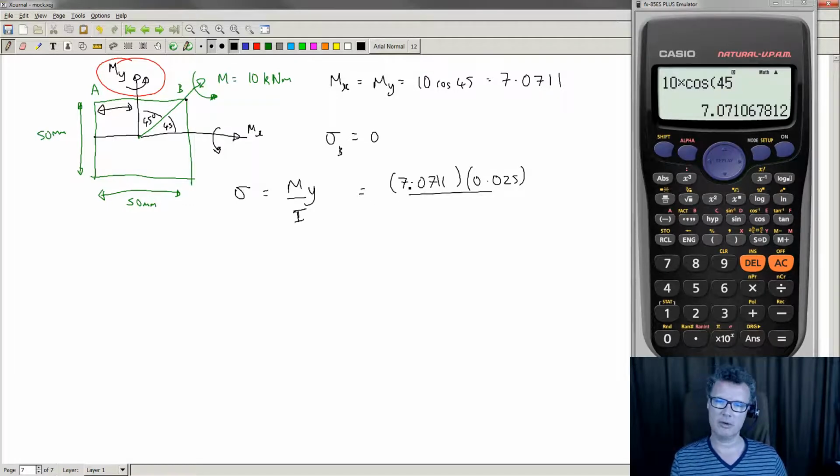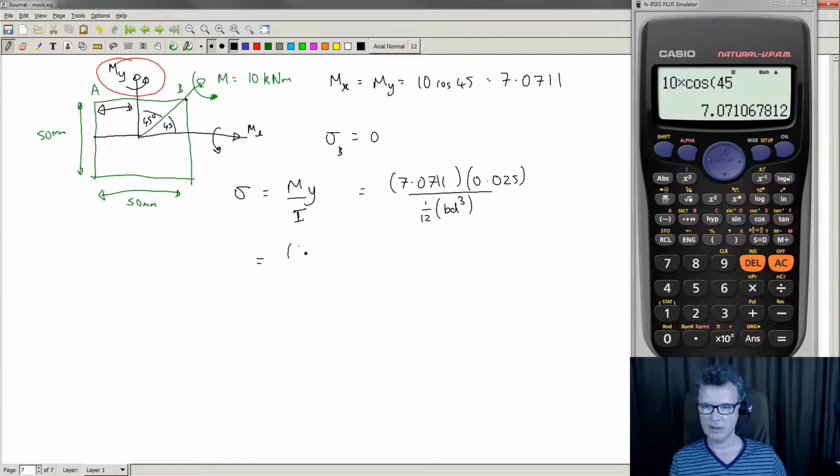So that's the I for the cross section. So we want to do a 1/12, and we're going to put in a b d to the power 3 term there, which, as it's square, that's going to become d to the power 4.